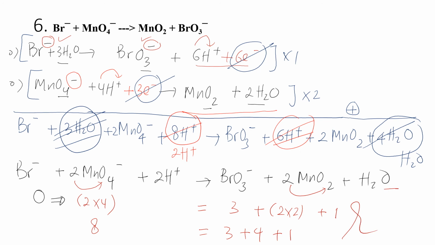The charge is minus 1, 2 minus 1, minus 2, minus 3, plus 2 plus. So here is minus 1 on the left. On the right, minus 1. Yeah, finish.